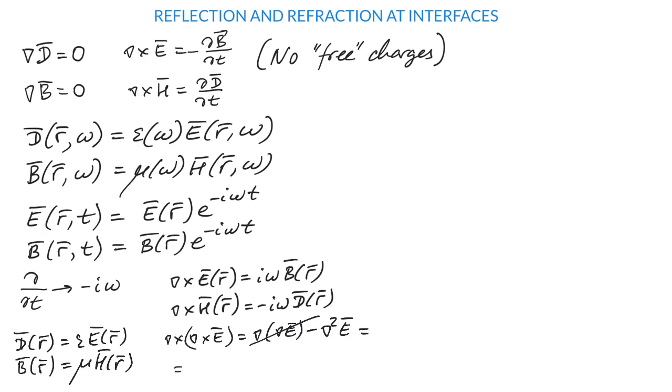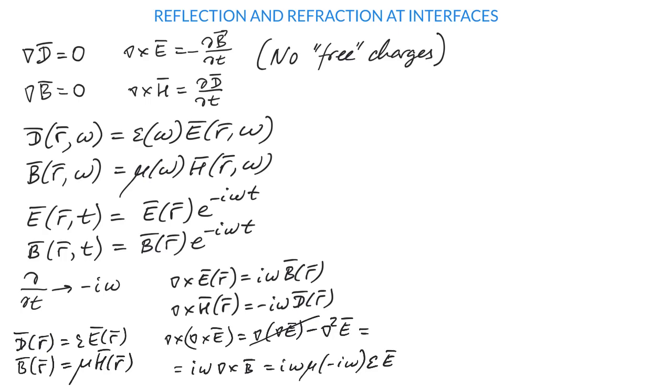And then the right-hand side is i omega curl of B, which in turn is i omega mu times curl of H, which is minus i omega D of r, and that's epsilon E of r.